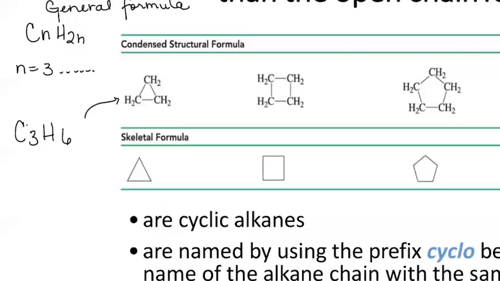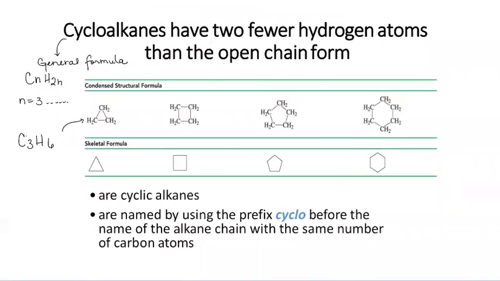Now, when it comes to naming these cyclic structures or the cyclic alkanes, as you can see, we're going to include the prefix cyclo. So, for example, here we don't have the names of these cyclic alkanes, but the first one has 3 carbon atoms.